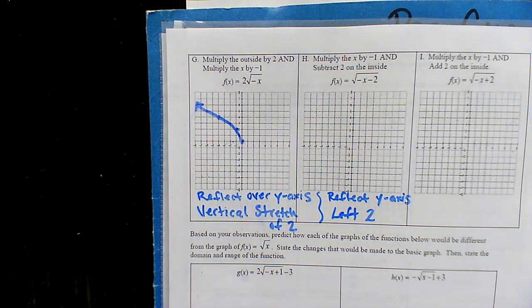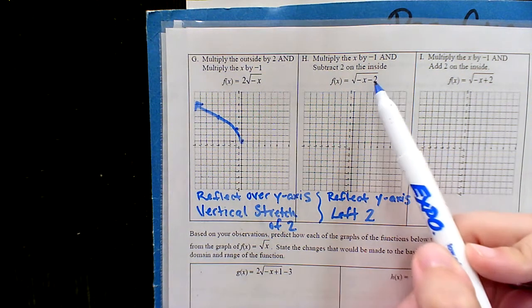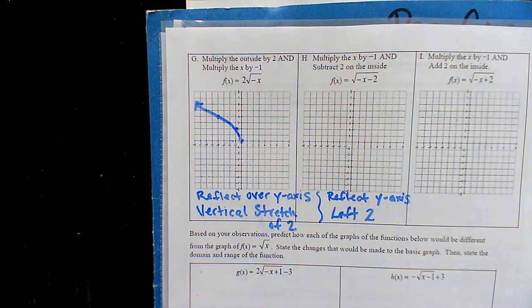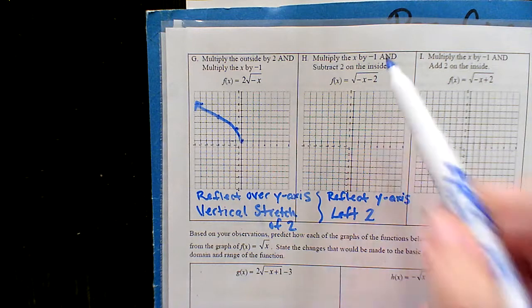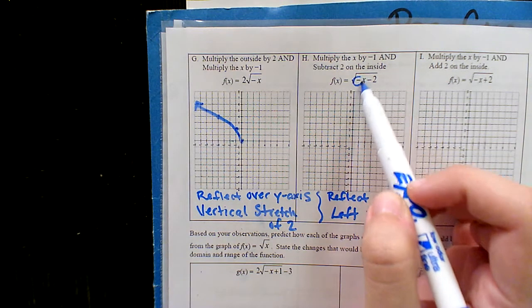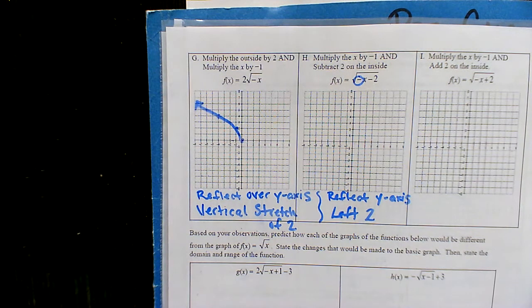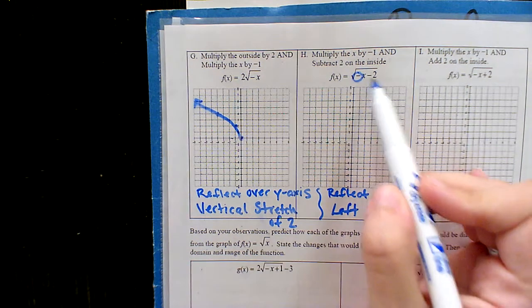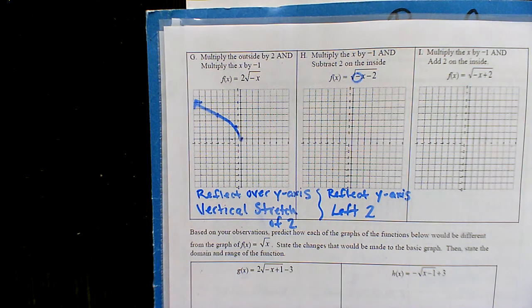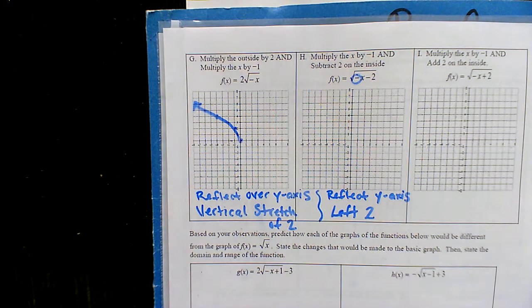All right, so here's kind of a discussion point here. Typically, we said that if we subtracted 2 on the inside, it moved to the right. But notice how we have that negative x, which is affecting that movement. So what's actually happening is that negative is changing the direction. If the minus 2 would typically move right, that negative is now changing it to moving left.